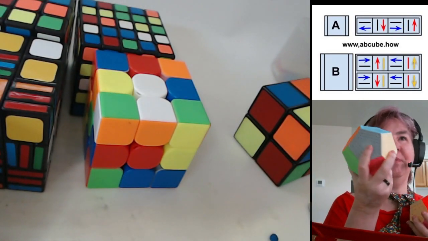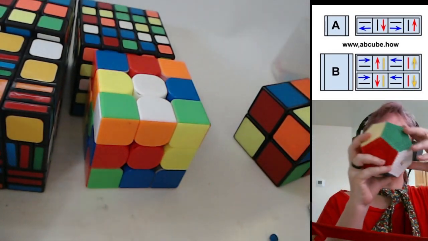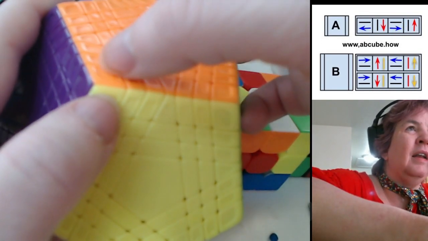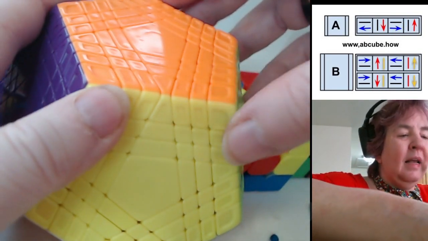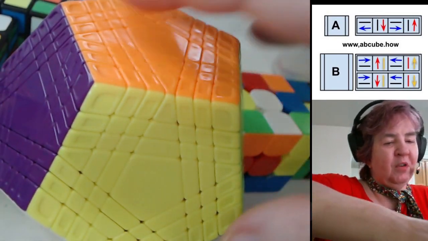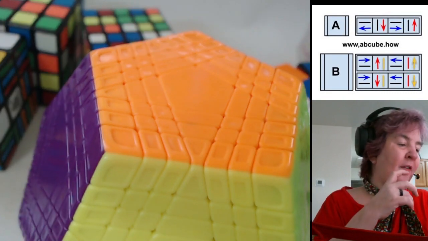But this one is pretty solid, and I like the way it looks. I like how it has a little indent so it's easy to grip. I like this. And I have a 3x3 that's like this. So I want to get another 5x5 in this brand so that it matches. Then I can put this on a shelf and not have to worry about it anymore.